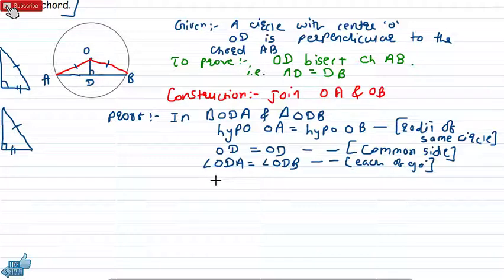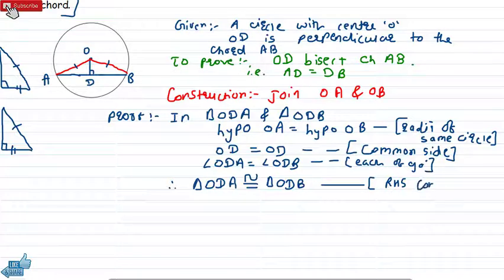Now, what is the conclusion of these three? Therefore, triangle ODA is congruent with triangle ODB, and the reason behind is RHS congruency rule.